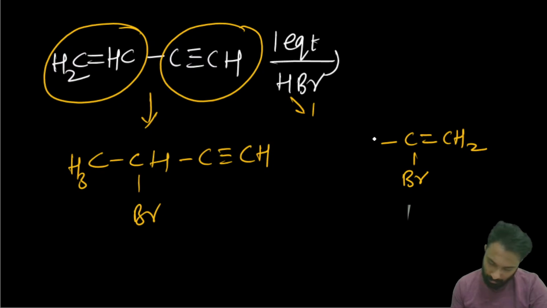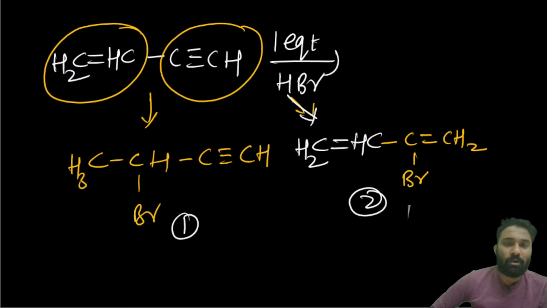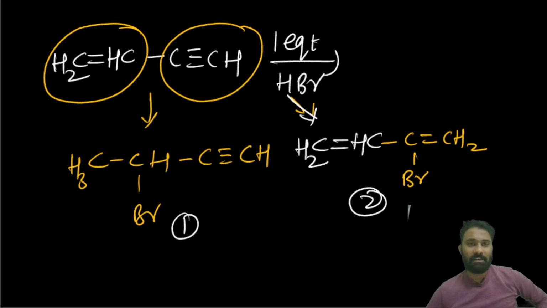Among the 1 and 2, which is the stable product here? I said that addition reaction for the alkene is more major than the alkyne. So in this case, is 1 major or 2 major?